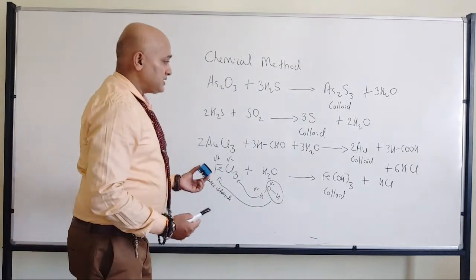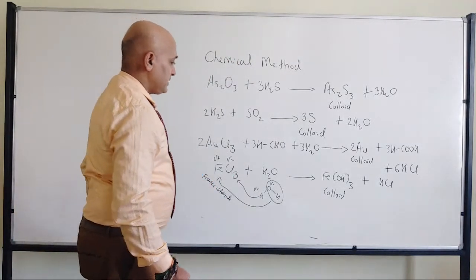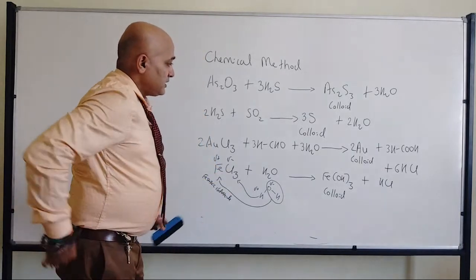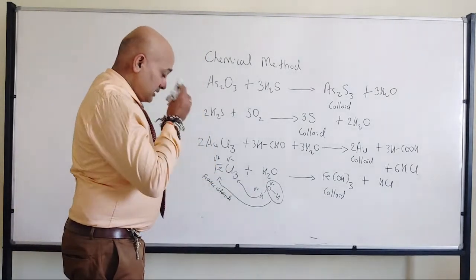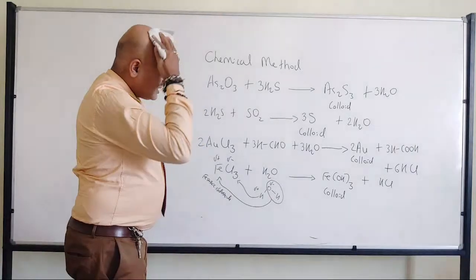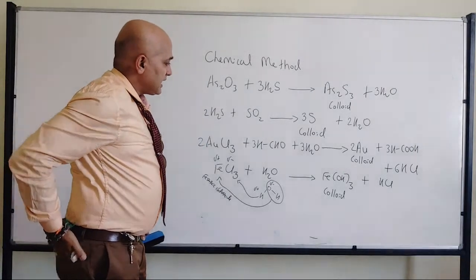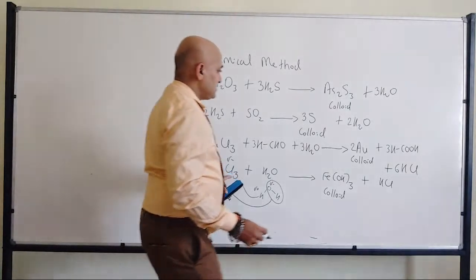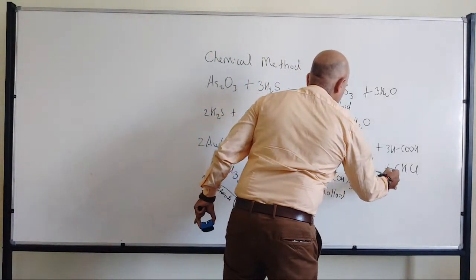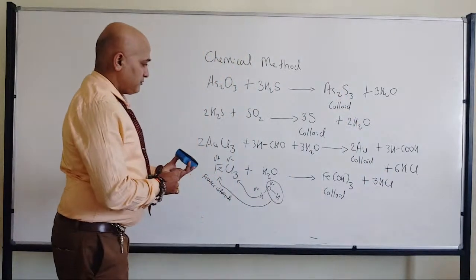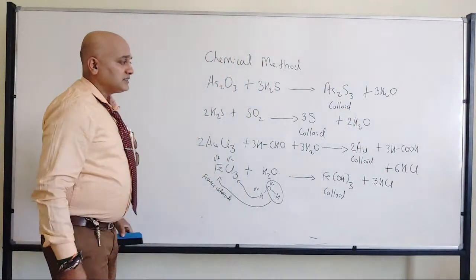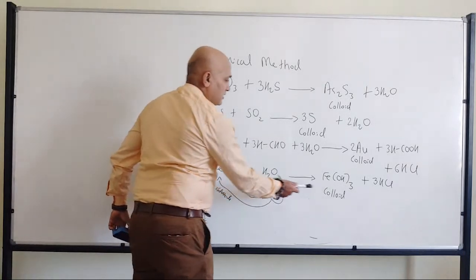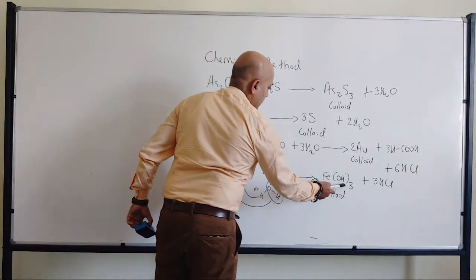Now once again we will check whether it is balanced. If I see the metal, yes, it is balanced. Next comes oxygen or chlorine, anyone I can take. So chlorine looks like it's not balanced, so for the time being I will make it as 3HCl. Now if I see the oxygen, it is not balanced either.